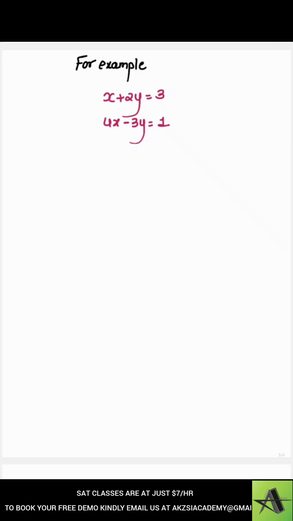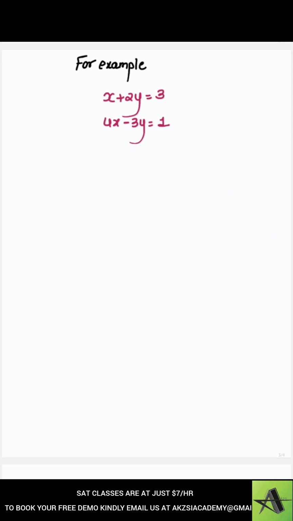I have to find the value of one variable in terms of another variable. That means any variable first. Here also there is no restriction. It's totally up to you which variable you want it to be. So let's say I want that variable to be x.